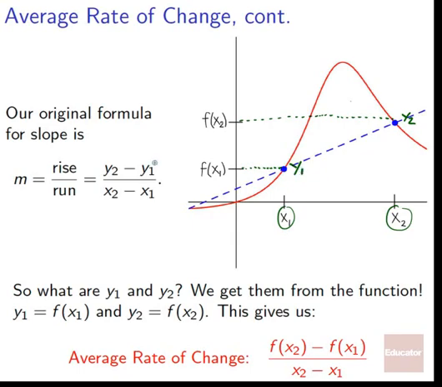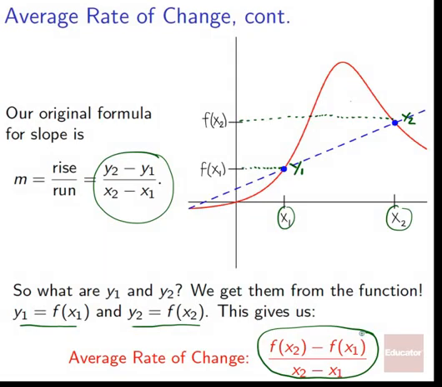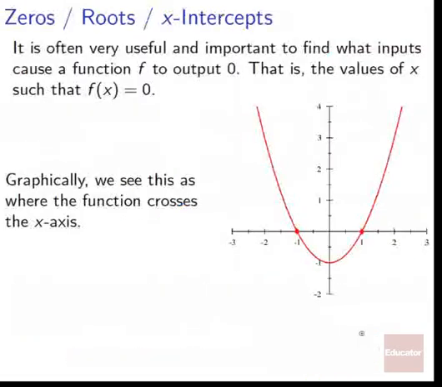So since our original slope formula is y2 minus y1 over x2 minus x1, and y1 is the same thing as f of x1 and y2 is the same thing as f of x2, we can just plug those in and we get the change in our function outputs, f of x2 minus f of x1, divided by our horizontal distance, x2 minus x1. Our average rate of change is how much our function's output changed between those horizontal locations, divided by how much our distance changed.